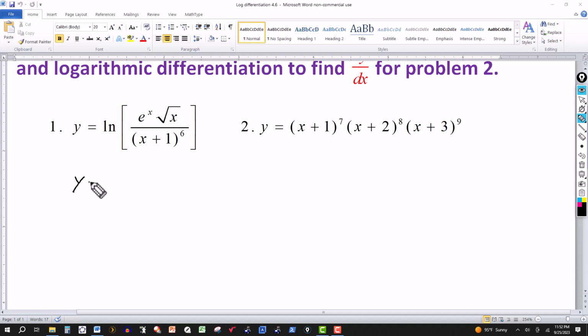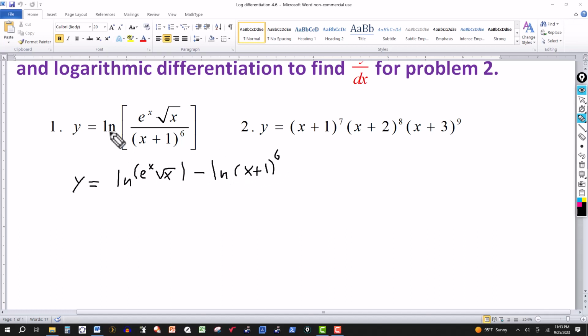Now, if we use properties of logs, which is what we're going to do here, there's a property that tells us if we have the natural log, or any log, of a fraction, that's going to be the same thing as the natural log, in this case, of the numerator minus the natural log of the denominator.